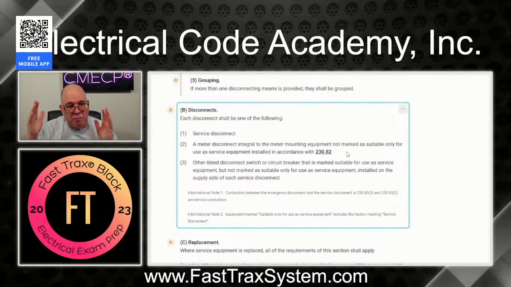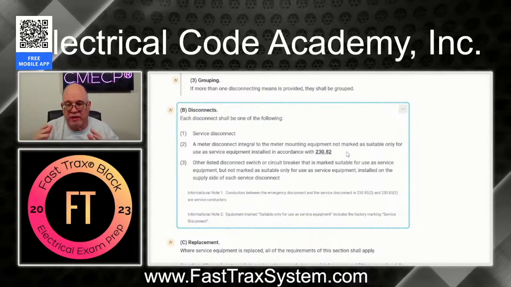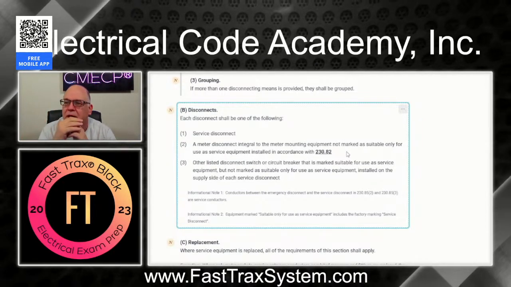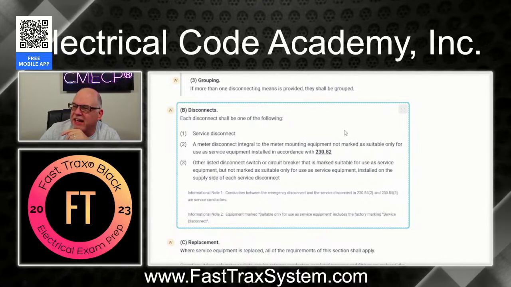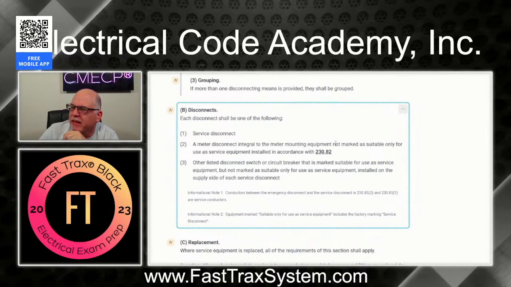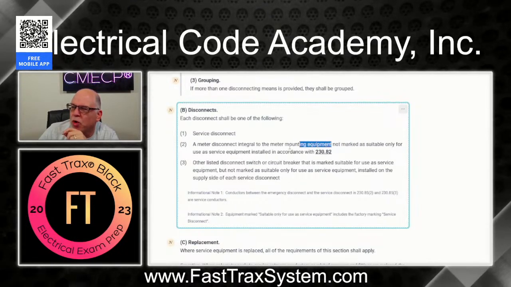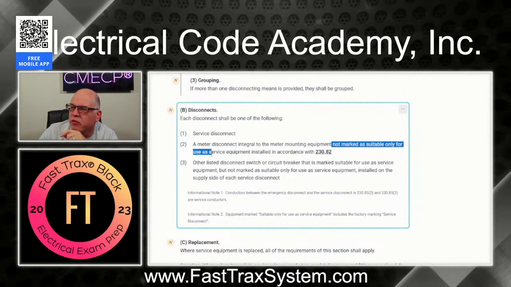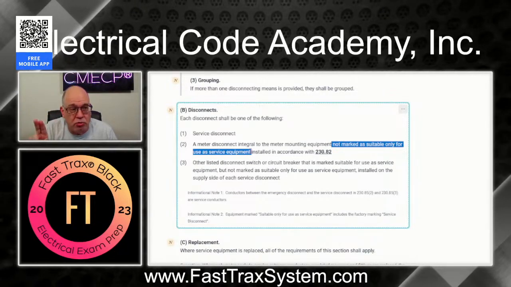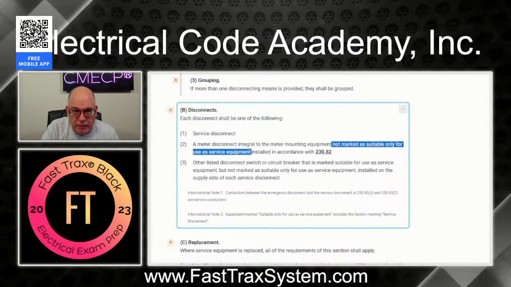Now, again, you can buy combos that are more than just a meter disconnect, but we're just talking about a meter disconnect, folks. That's all we're talking about. And it says it very clear right here. It says a meter disconnect integral to the meter mounting equipment, not marked as suitable only for use as service equipment. So we don't want it to be marked that it is only to be used as service equipment, okay?